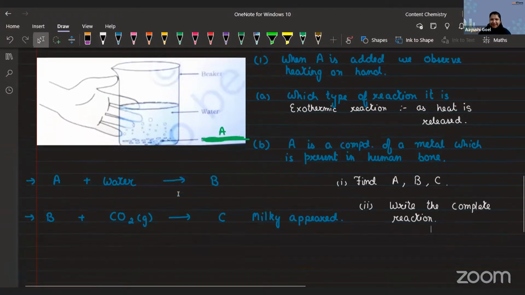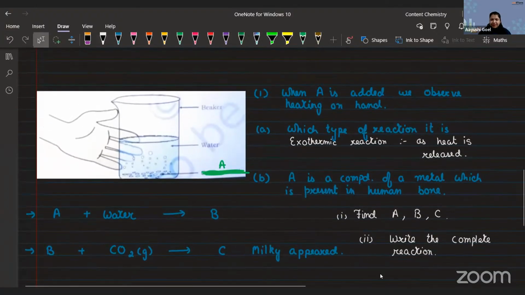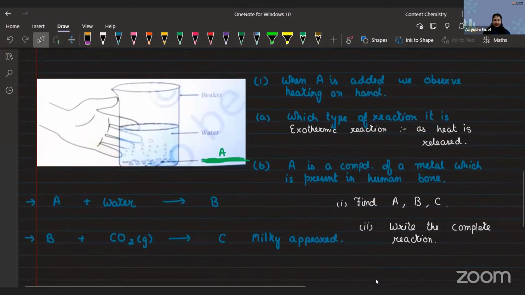Can you try this one? So in my bones, as soon as they have given you bones, it means it is calcium. Now we need to understand what happens when a calcium compound reacts with water to give you B, and B will react with carbon dioxide to give you C. That's very good, Swam.